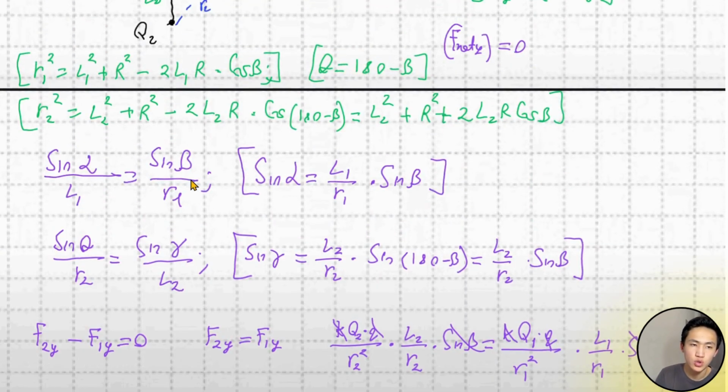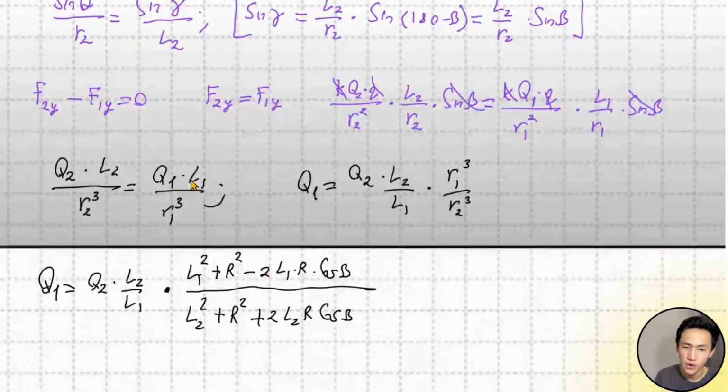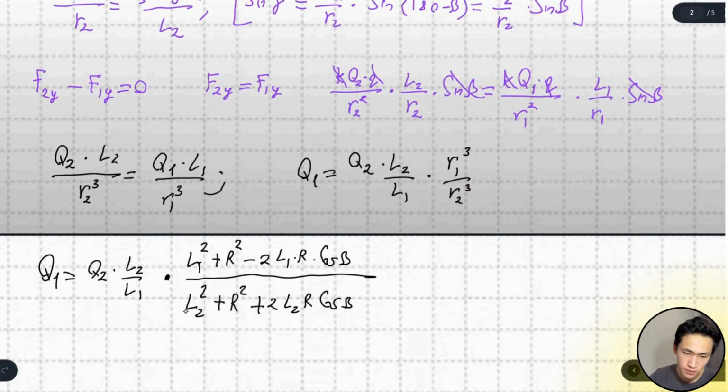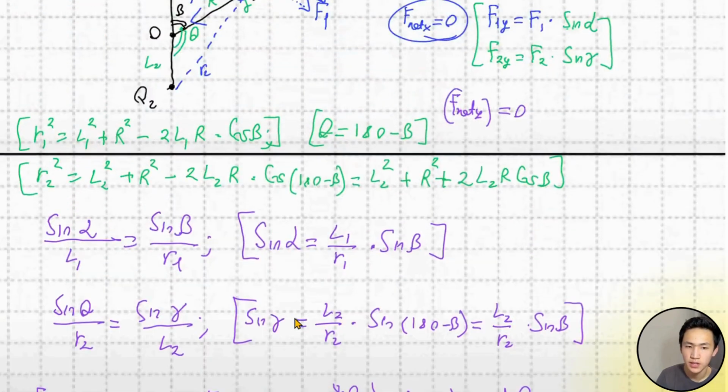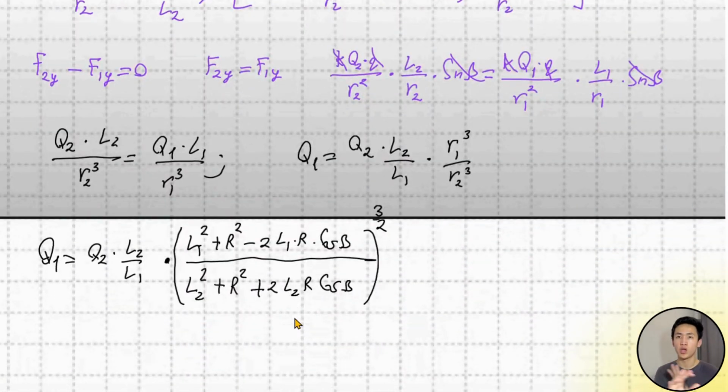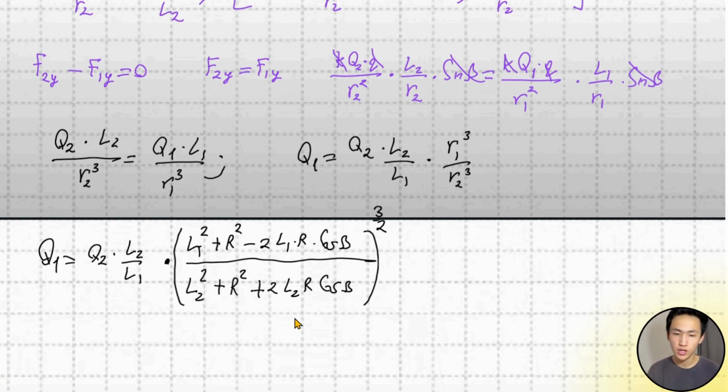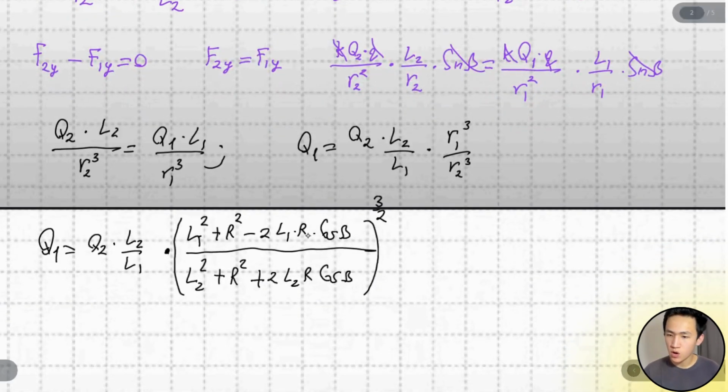They are all squared, so we can write it like this, to the power 3 over 2. So it's an answer. There are no unknown values here. L1, r, and the beta angle are all given and known. This is our answer.